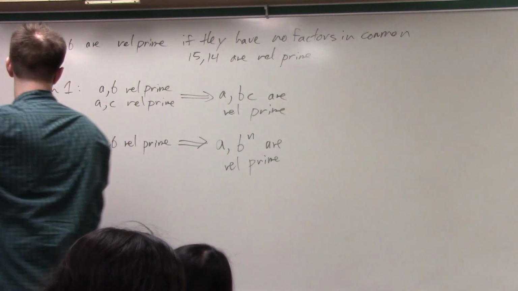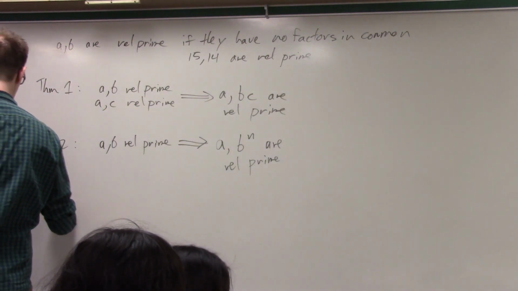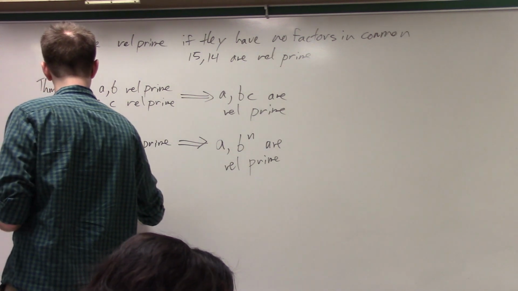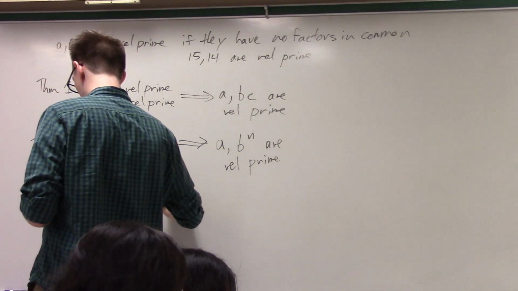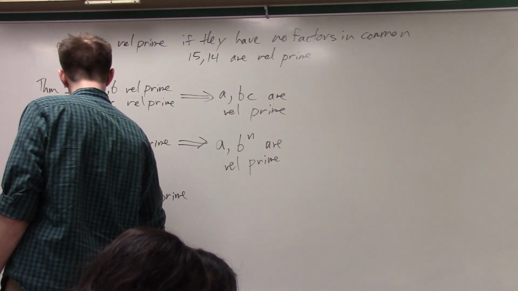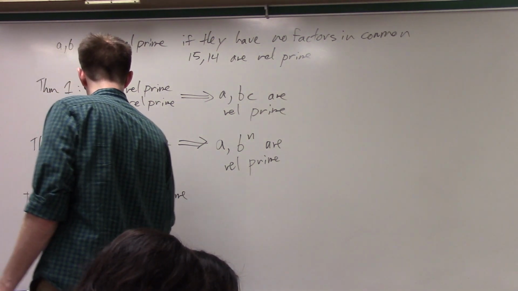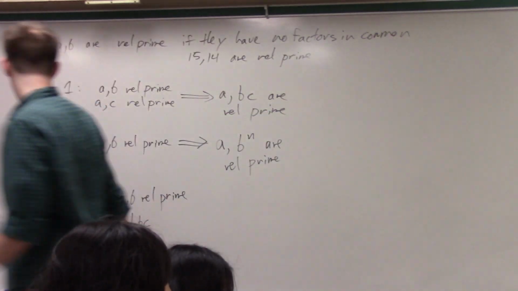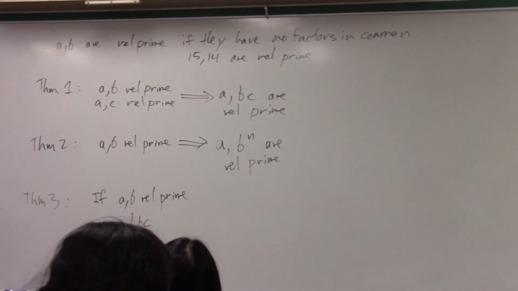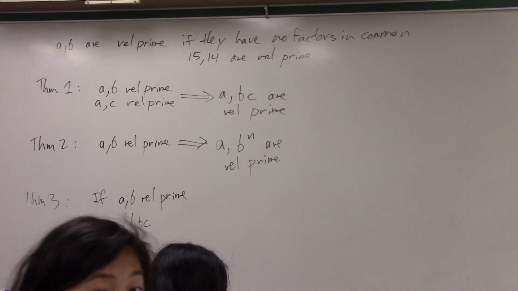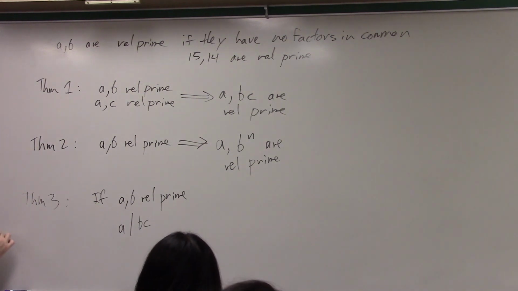Okay, here comes the cool one. Theorem 3. If A and B are relatively prime, and A divides BC. Did y'all teach this symbol last year? Sounds like a no. When we write A divides B, how do you pronounce this?